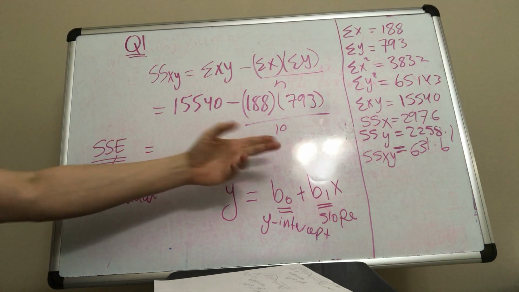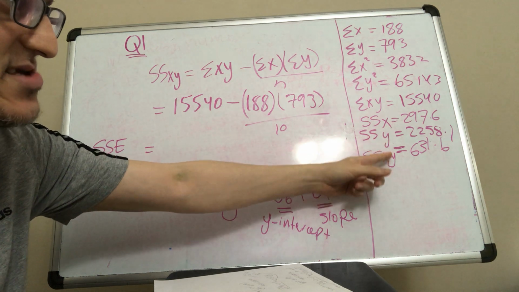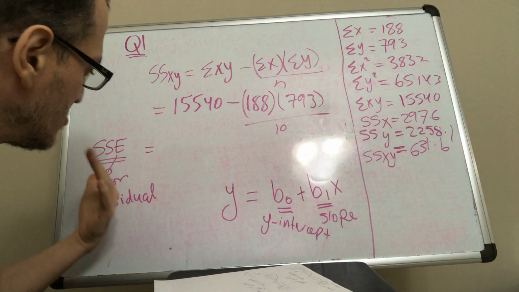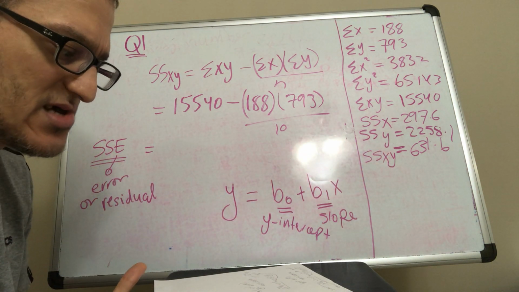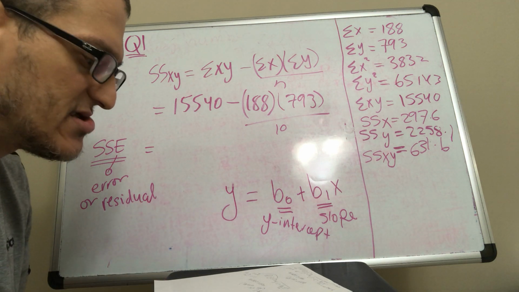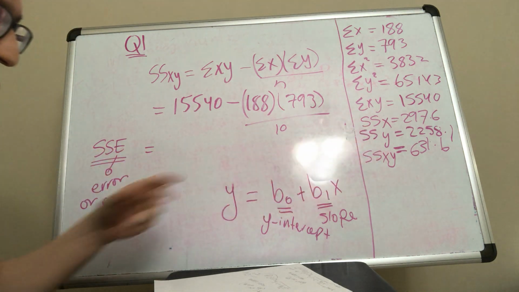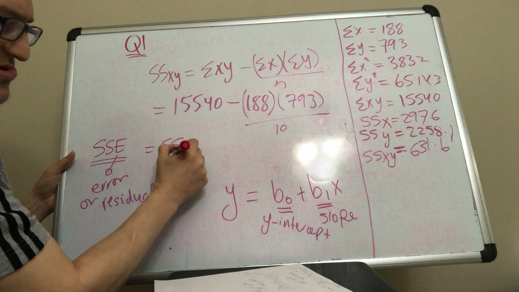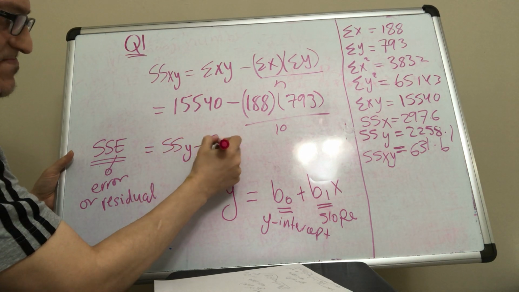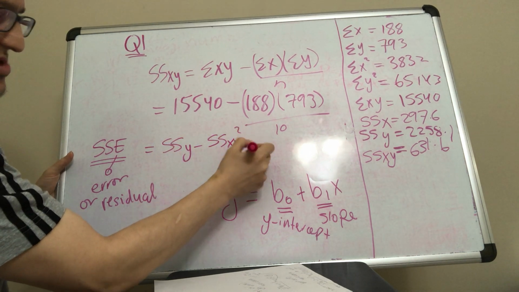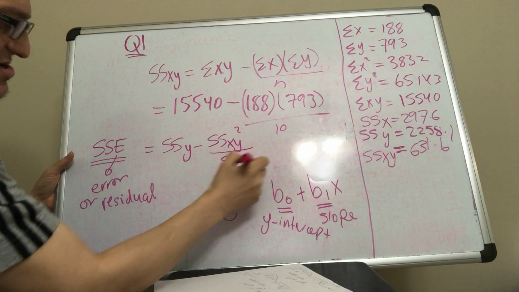Once you find the three SS's, the SSX, the SSY, and the SSXY, it's usually good practice to also find the SSE because you'll need it later on, and it's based on the three of them. The equation for this is SSY minus SSXY squared over SSX.